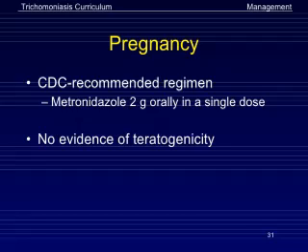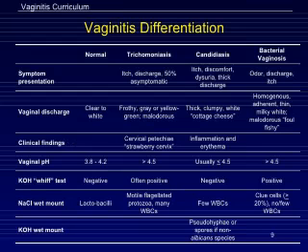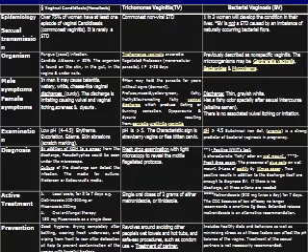No evidence of teratogenicity. This slide shows the differentiating points between normal and the 3 most common causes of vaginitis. This table differentiates the three major causes of vaginal discharge.